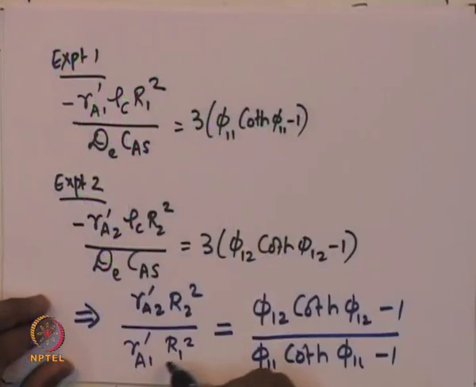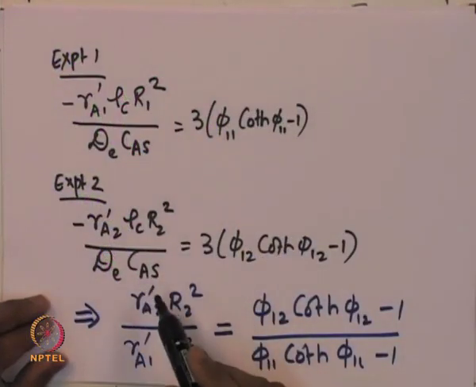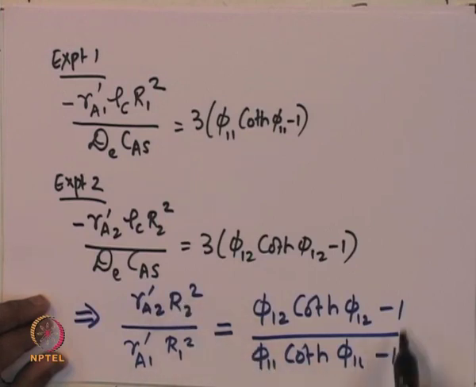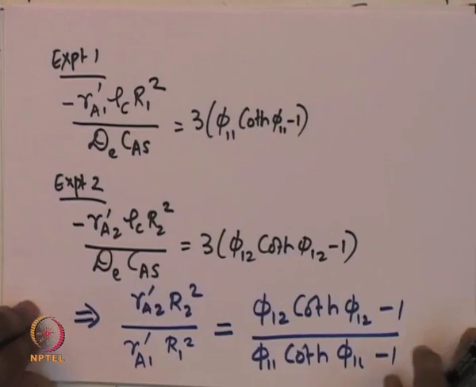The left hand side of this expression contains all the information that has been estimated experimentally and the properties of the system that is being used, and the right hand side is basically the ratio of the function of Thiele moduli.